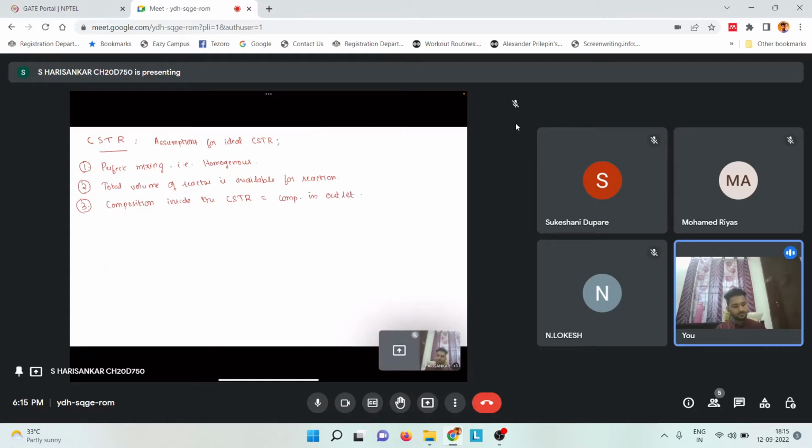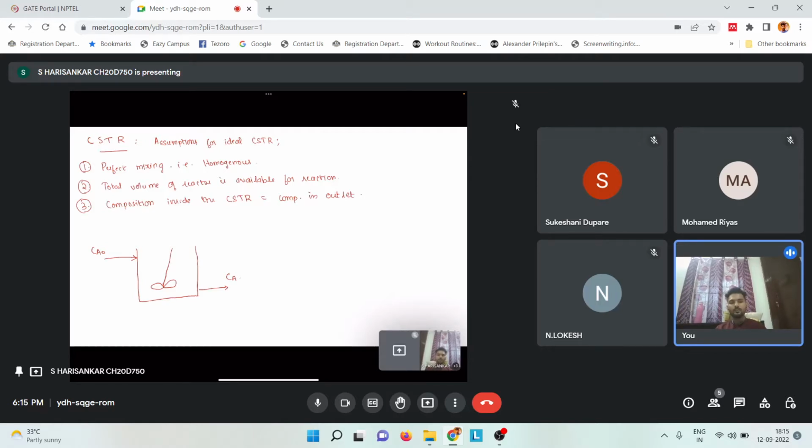So let's see what this means. We represent the CSTR like this. This is a stirrer of the CSTR. This is Ca0, which is the inlet concentration of the reactant, and this is Ca, the outlet composition of the reactant.